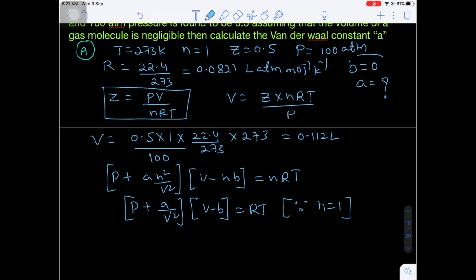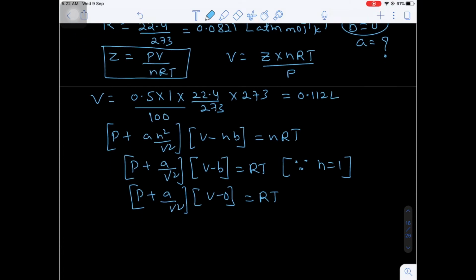And one more important thing is given: the volume occupied by the gas molecule is negligible. So b value is 0, so I am writing P plus a by V square into V minus 0 equal to RT. Now if you multiply by V, P plus a by V square into V, you will get PV plus a by V equal to RT.